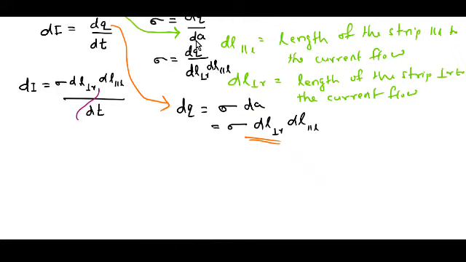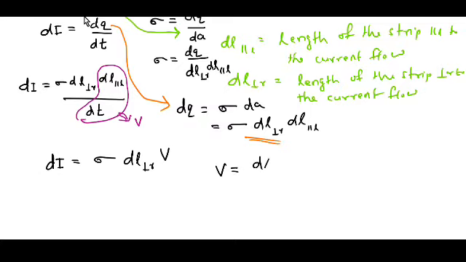I can replace dl parallel by dt with the velocity of the charge that is flowing through the sheet. That is, di can be written as sigma dl perpendicular into v, where v is equal to dl parallel divided by dt. Let me call this equation number 2.